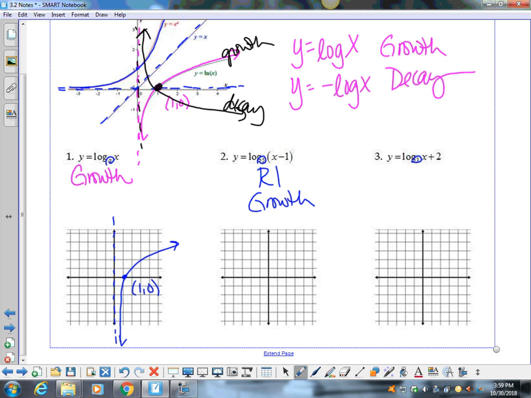They don't influence our graphs in any way, shape, or form. Okay? So I'm going to be starting here. I'm going to go right 1, which is going to take my asymptote and scoot him right 1. And I'm growth. And I go through the point 2, 0.